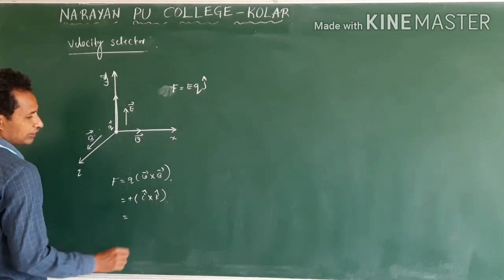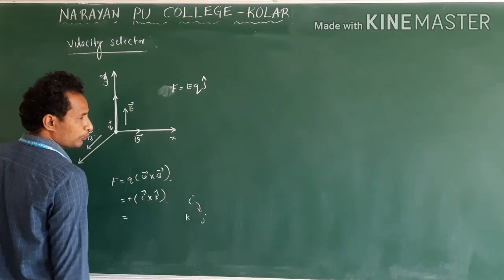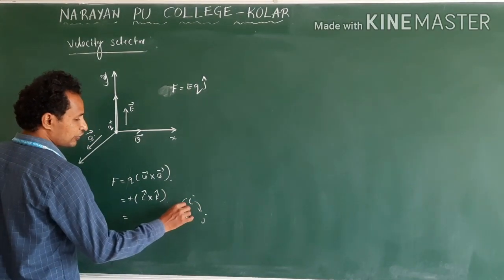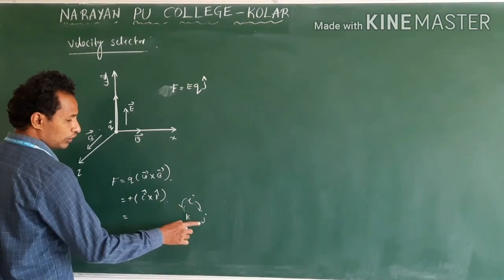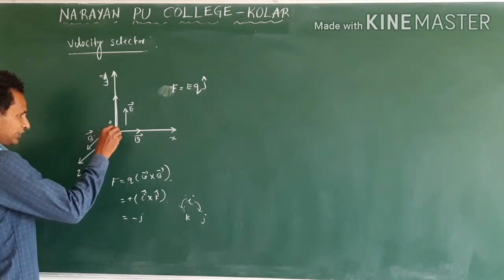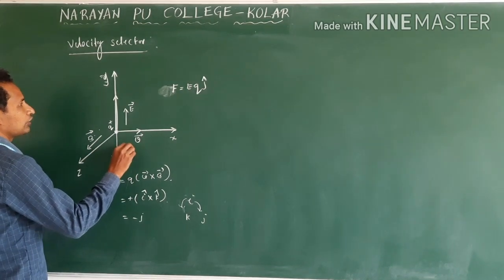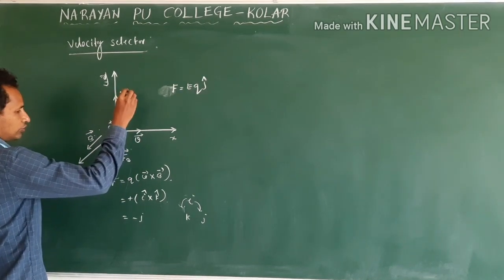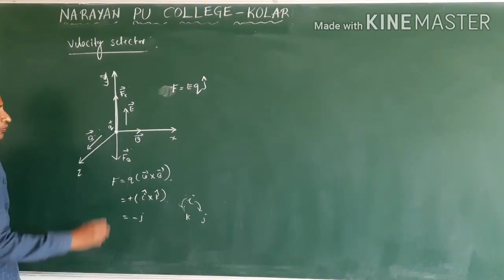I cross J is K, in the order I J K. If it is clockwise we will get positive, if it is anti-clockwise we will get negative. I cross K, what we have is J, anti-clockwise, so minus J. Means magnetic force will act in the downward direction.